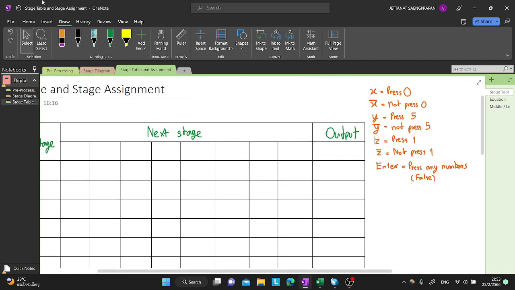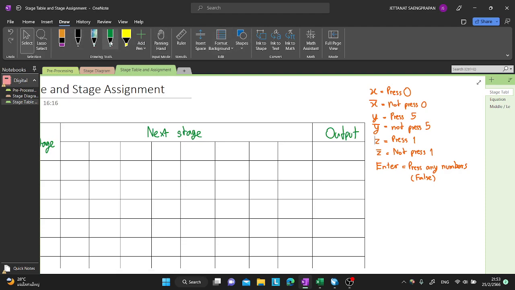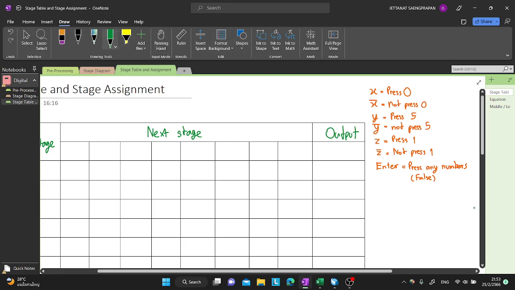Enter means press any numbers, which I can call another name, false, but I forgot to write another one, enter bar, which is not pressing any numbers.